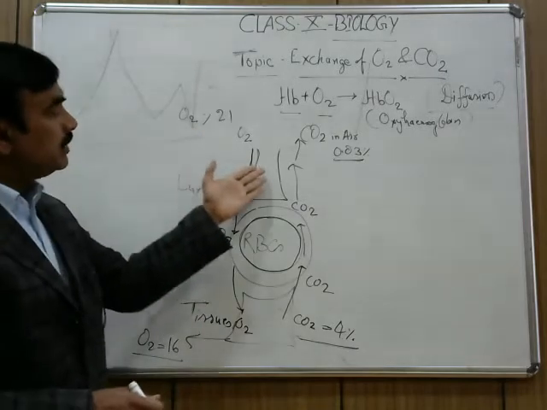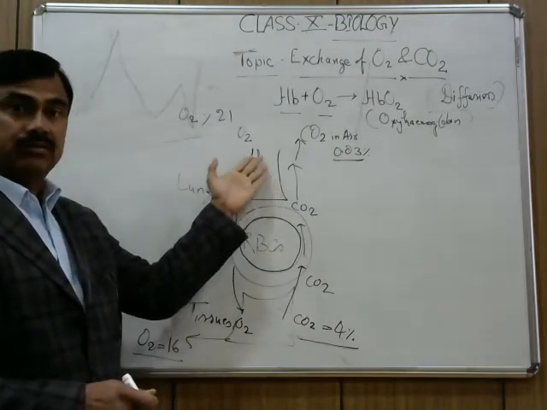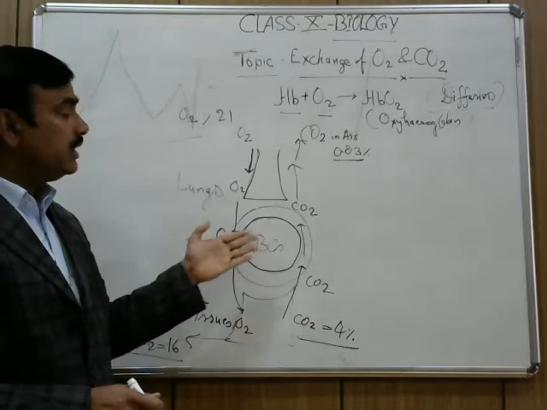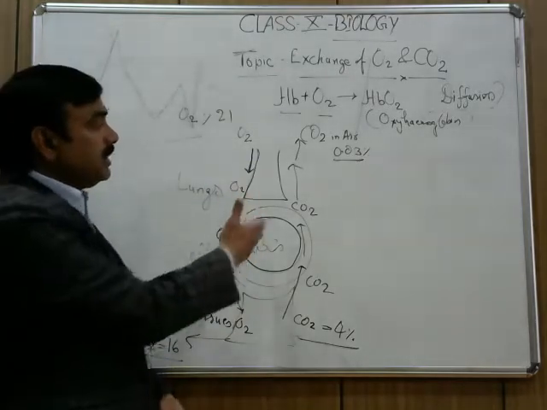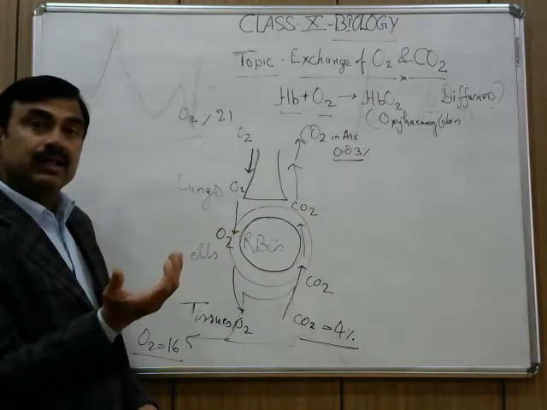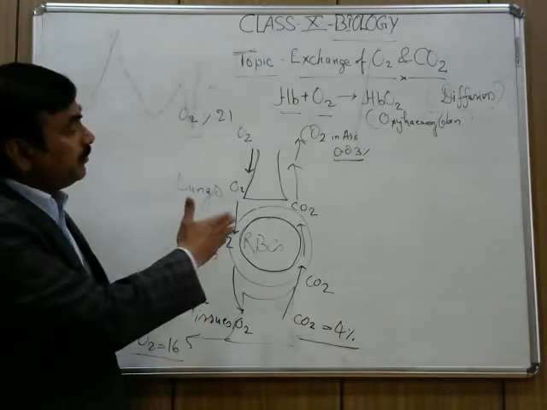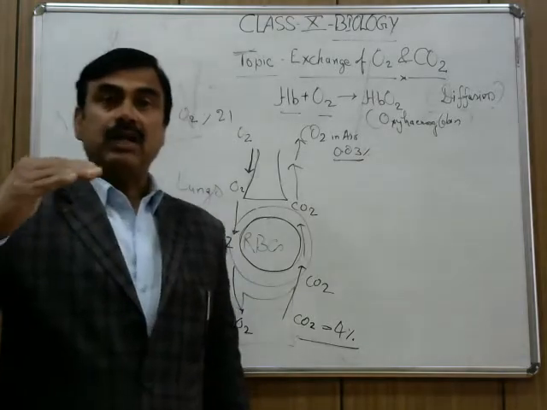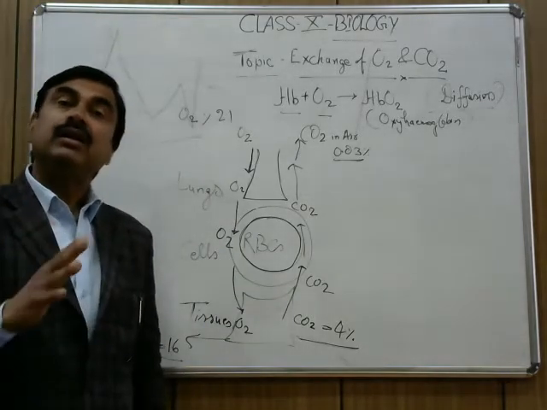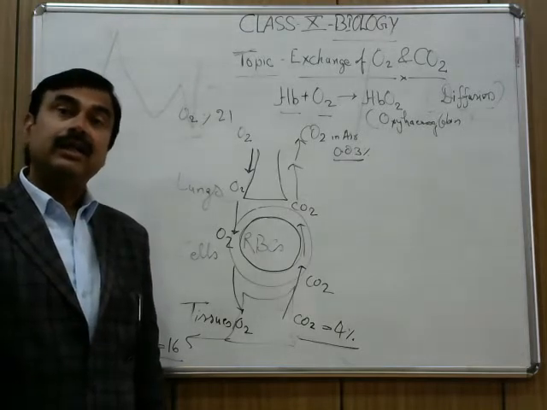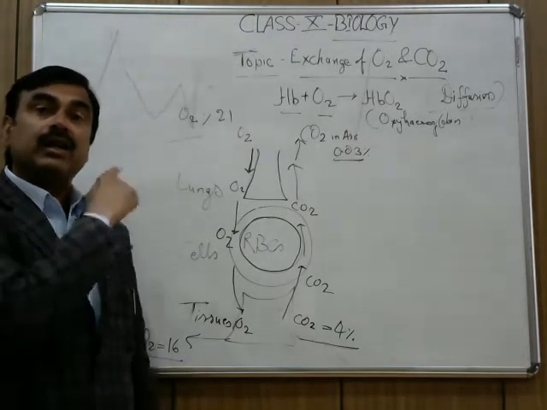When it is passing through the trachea and then reaching the lungs, in the lungs when it reaches the alveoli, it will reach the blood, and that is why it is a cellular catabolic process.